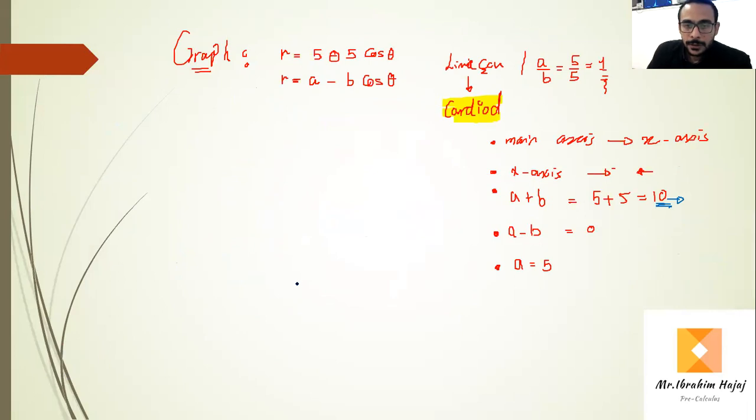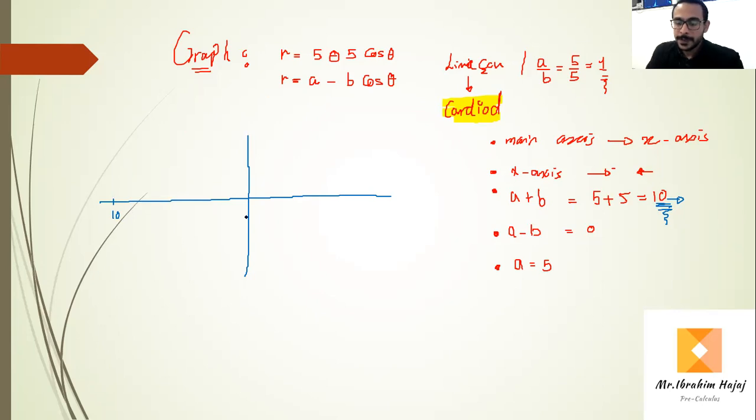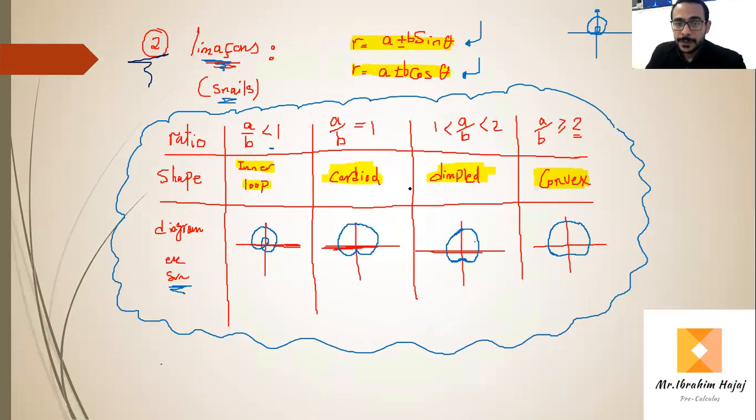I'd like to draw it here. We have only 5 circles, we have to draw 10 circles. Why 10? Because a plus b is 10, and a minus b is 0. Where is the shape of this cardioid? Like this, guys, okay?